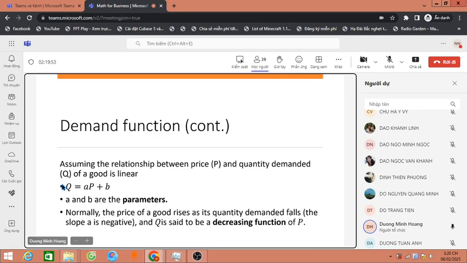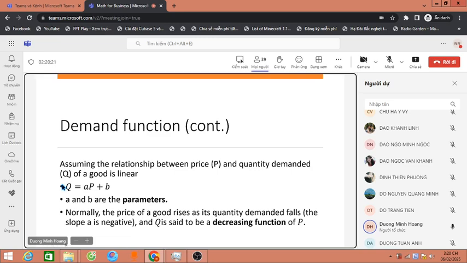So that means the A here has to be negative, so that when P rises, Q will drop. In order to have the negative relationship between P and Q, A has to be a negative number.